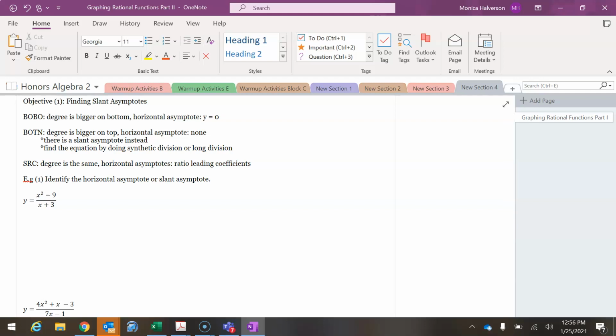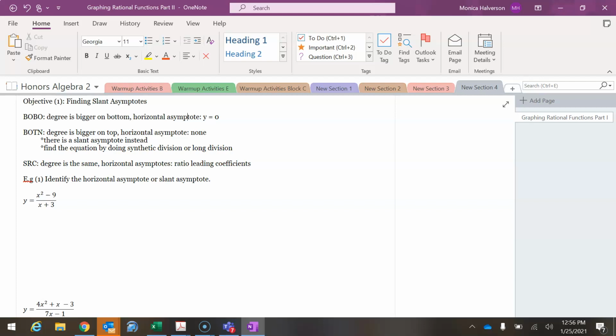But we introduced the idea that if there's no horizontal asymptote, there's going to be a slant asymptote instead, found by either synthetic division or long division. And the third possibility is that the degree is the same, and therefore our horizontal asymptote was found by writing the ratio of leading coefficients.